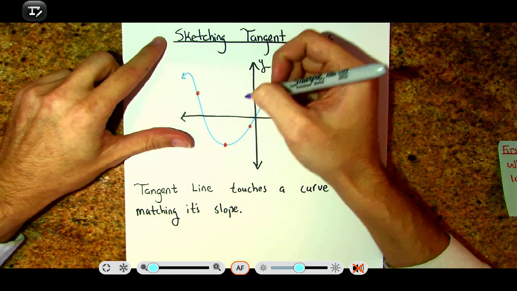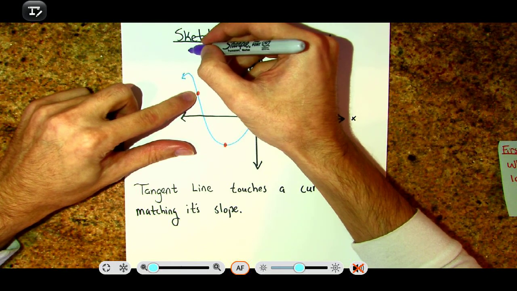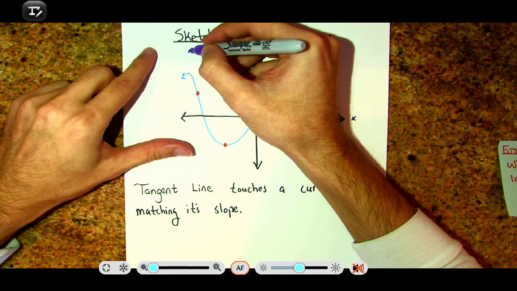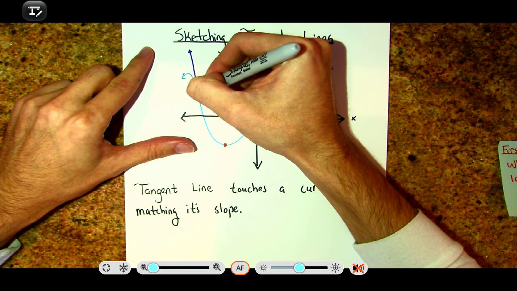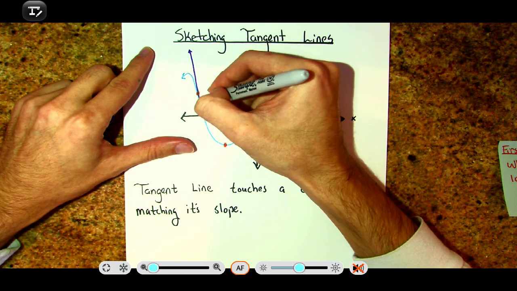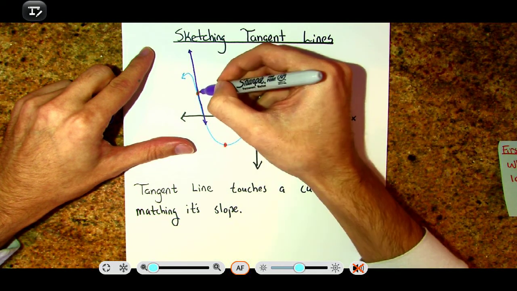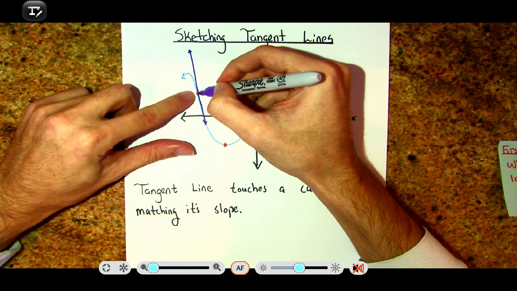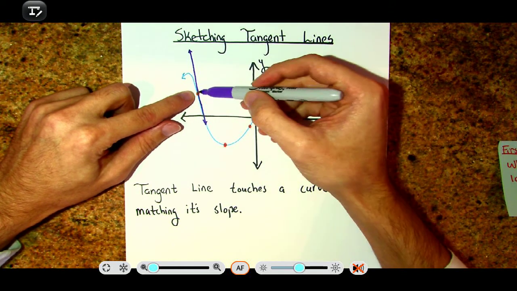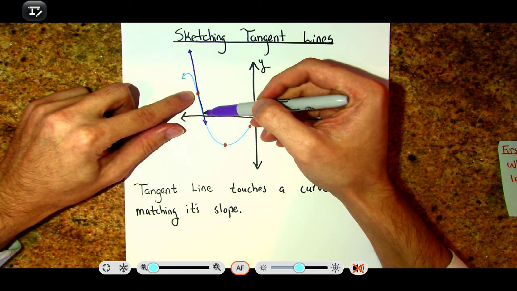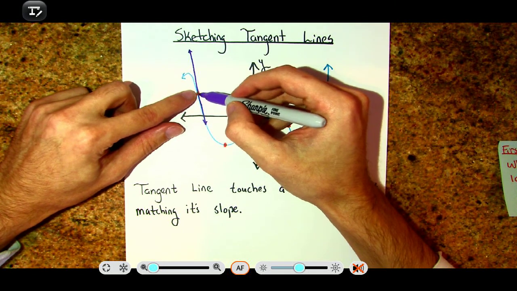What on earth am I talking about? A tangent line for this point would look something like this, where I'm drawing the line and it's only going to touch this point over here, just like that. If it goes through the curve elsewhere, that's okay, as long as it hits this one point. Whatever the slope of this line is, that is the slope at this point on this curve.